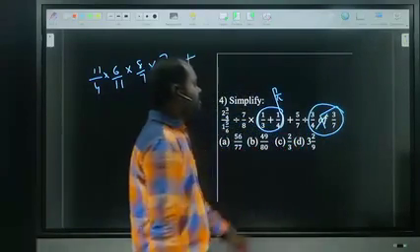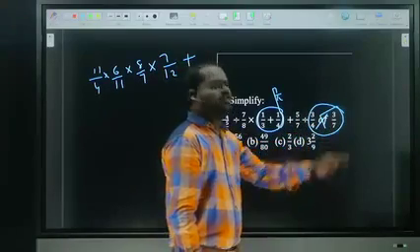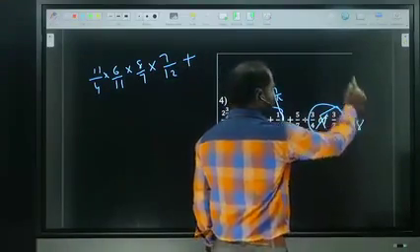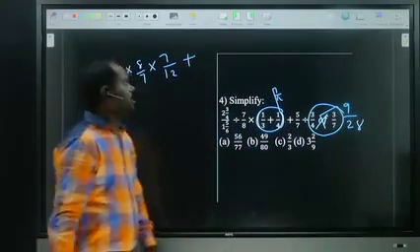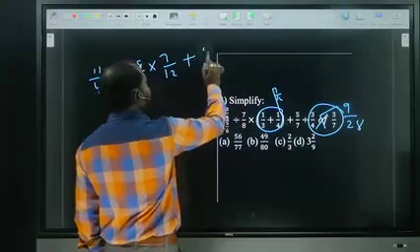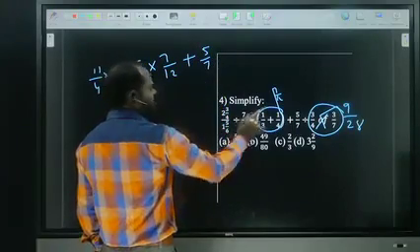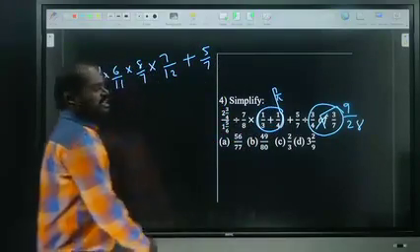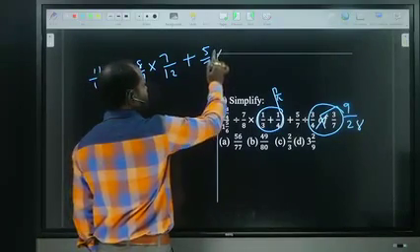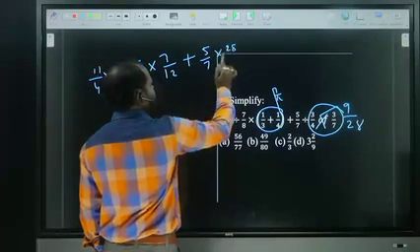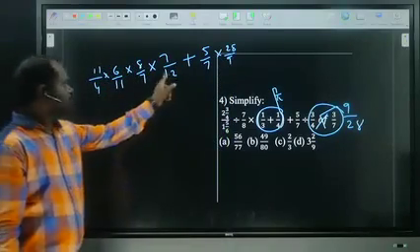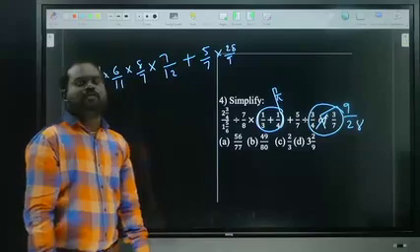So 3 threes are 9 by 28. This answer is 9 by 28. Now plus we wrote 5 by 7, division 9 by 28. Division we make into 28 by 9.